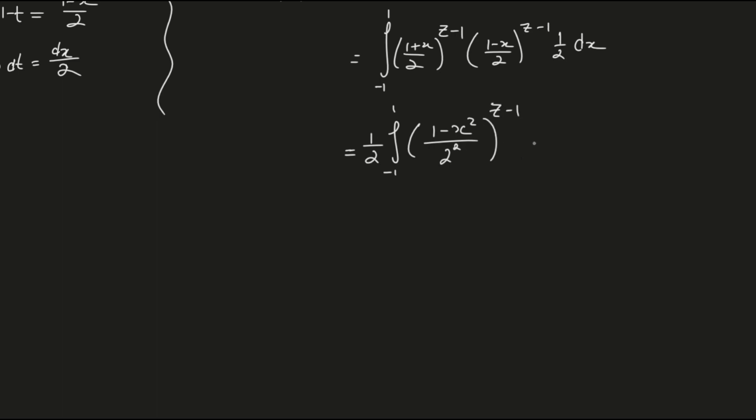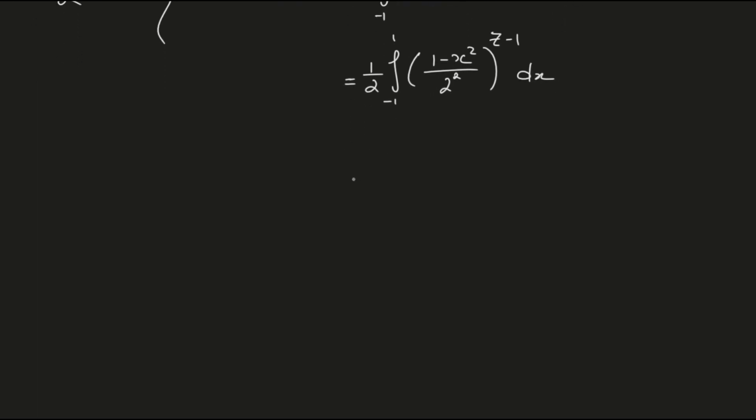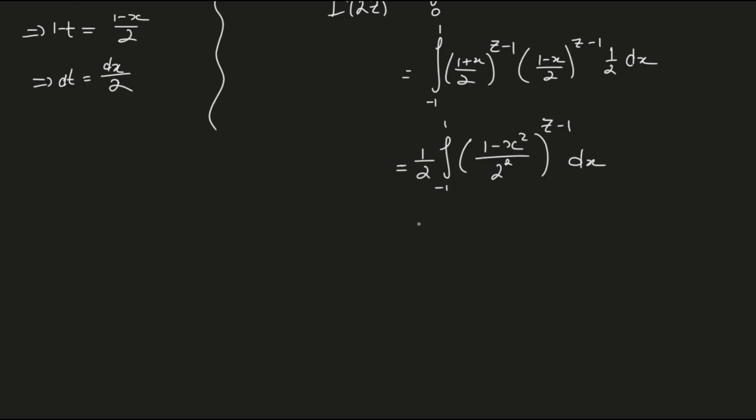All of that to the z minus 1 power dx. Now notice that we have an even function, right? 1 minus x squared, we're integrating an even function over a symmetric interval, meaning we can simply integrate from 0 to 1 and double the result instead of integrating from negative 1 to 1. So the 2 will cancel out the 1/2 we have in front.